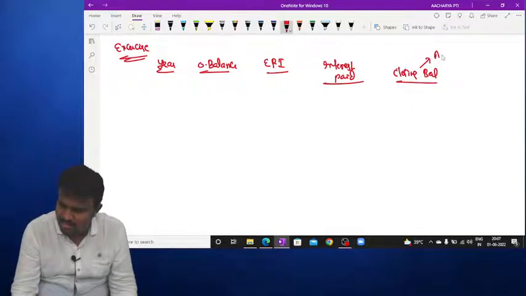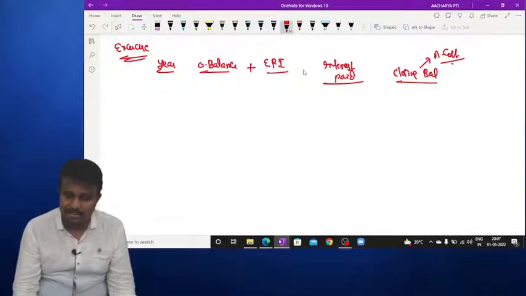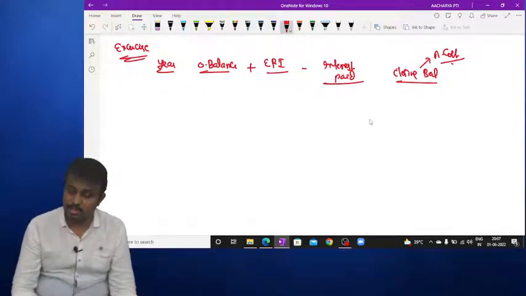This closing balance is the amortized cost. Opening balance plus effective interest minus interest paid is the closing balance.